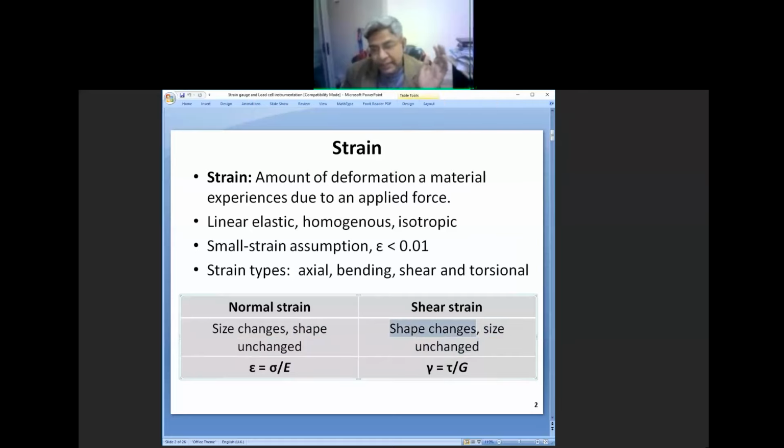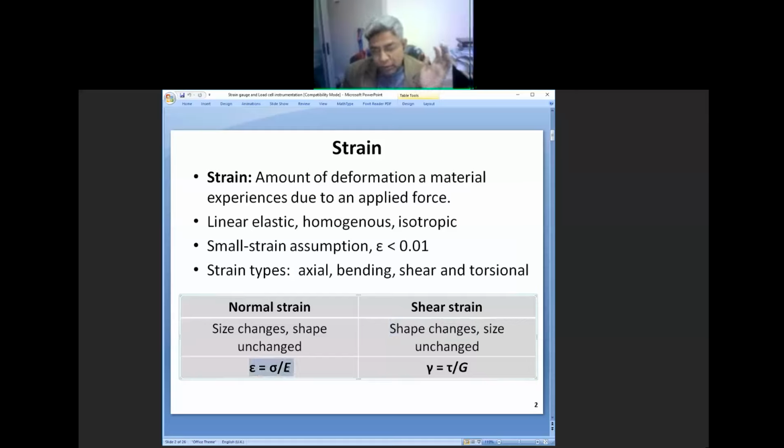So what happens in this case? Let's say I have a rectangle, and when I apply shear load to it, it deforms into a parallelogram. The length of the side is still same, but the shape is now different. Originally, all the edges were at 90 degrees, but now their angle is changed. So that is the difference between shear and normal strains.